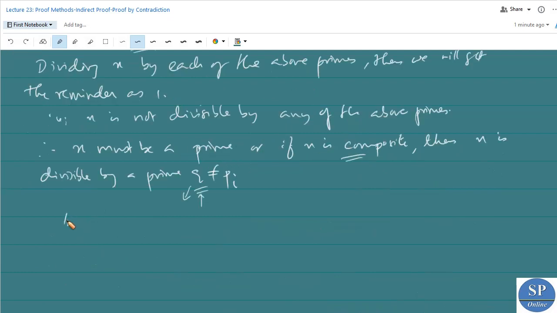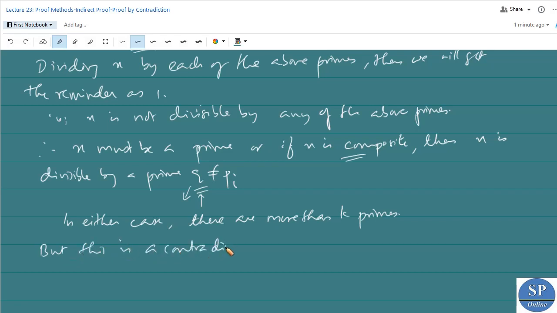So there is no largest prime number. That is, in either case, there are more than k primes, but this is a contradiction that there are only k primes.